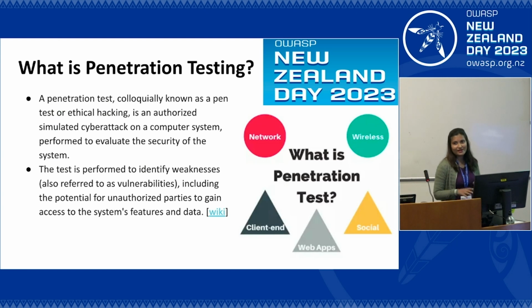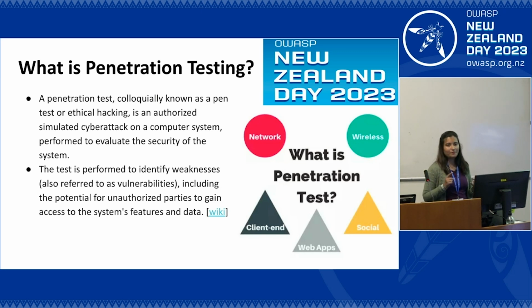So let's start with the basics. What is pen testing? I know most of you already know, but it is basically ethically simulating attacks that an attacker would perform on your system, such that you know the weaknesses of your system before the attacker knows. So on which assets do we perform pen tests?